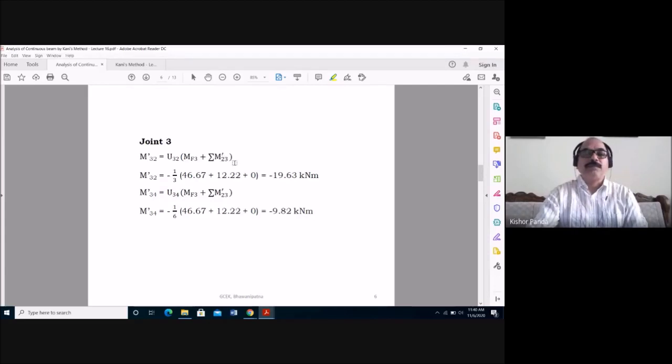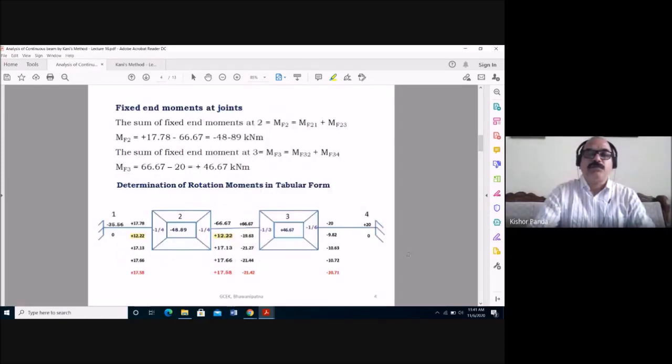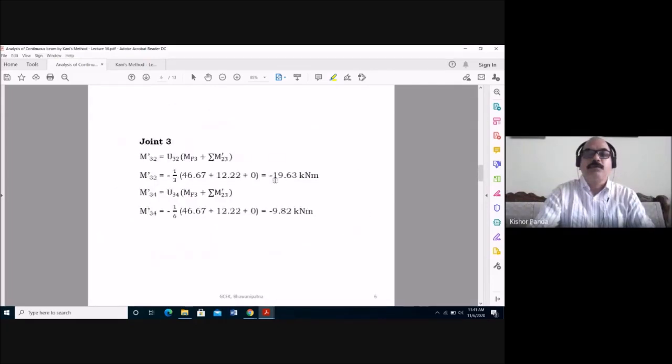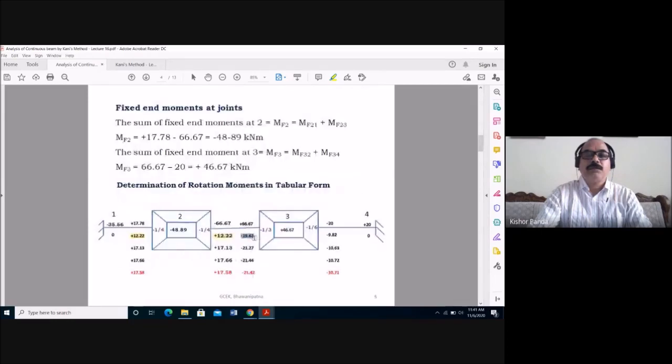Then summation of m dash 23, the sum of the far end rotation moment. So when you are considering this joint, the far end rotation moment is this one and this side is 0. So here you have to take 12.22 plus 0. So here you got minus 19.63. So you have to put this value, minus 19.63.